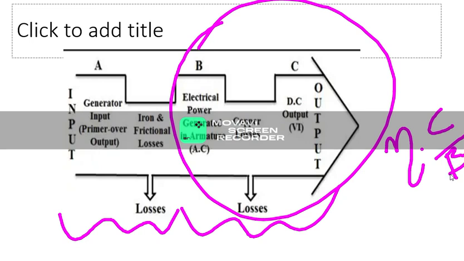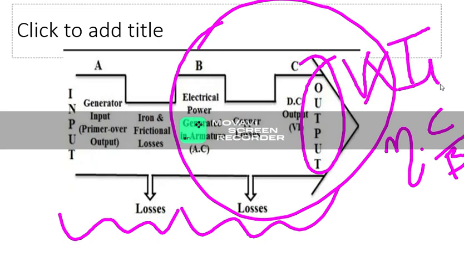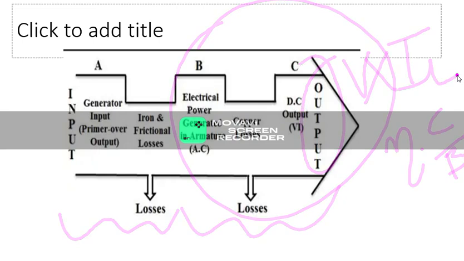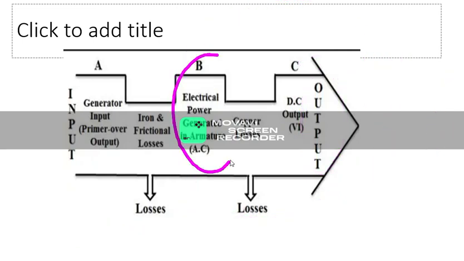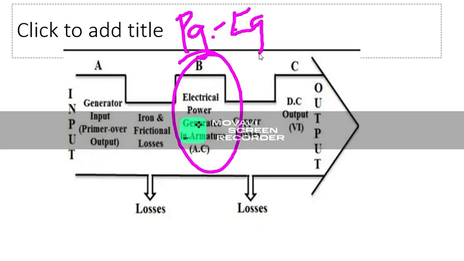C is the output delivered to the load, which we already derived as V into IL, load voltage into load current, and the electrical input generated, PG, is equal to EG into IA.